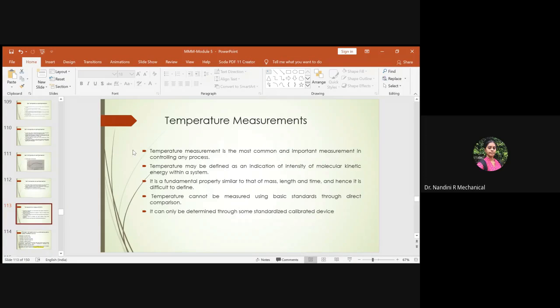Do you know what we mean by temperature? If you need an actual definition, temperature may be defined as an indication of the intensity of molecular kinetic energy within a system. It could be any system: a metal, a semiconductor, a dielectric material, whatever it is. When it is subjected to heating, what happens?